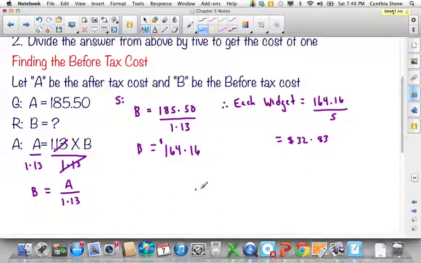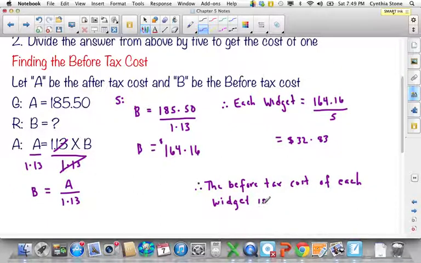So the before tax cost of each widget is $32.83. You'll have a chance to practice that in your assignment, and we're going to move on to something quite different with the rest of Chapter 5.